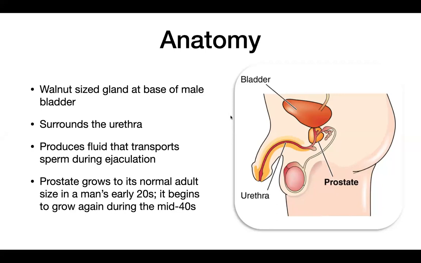What is important to know is that it grows with time in males, and there are two phases of growth. The first phase is in the early 20s, and the second phase is in the mid 40s. We shall see the importance of this as we proceed.